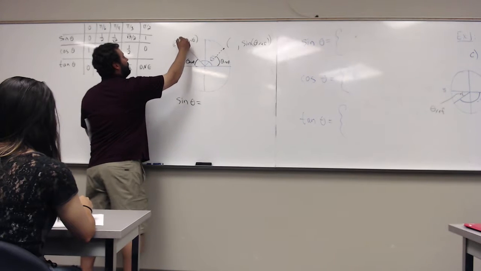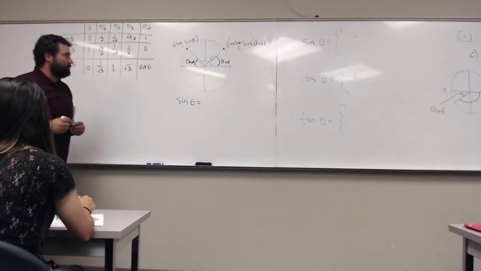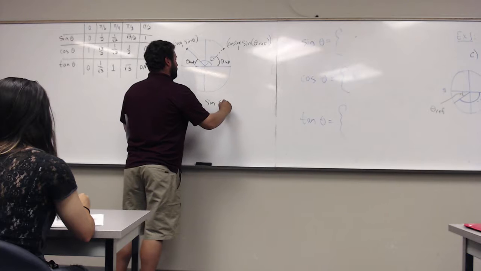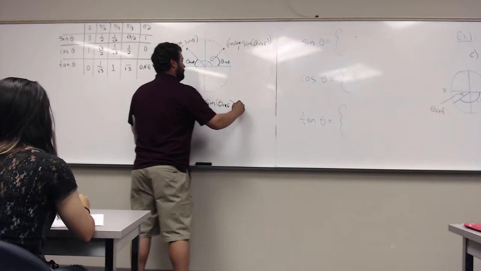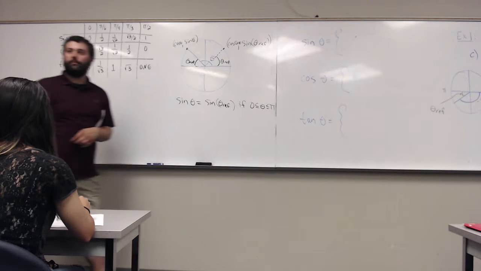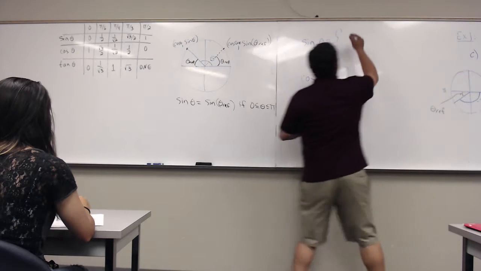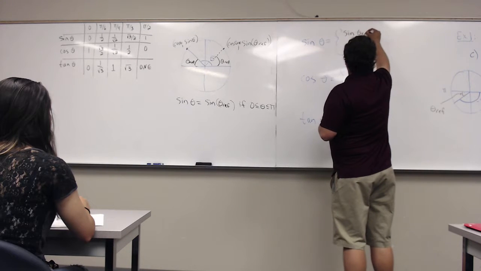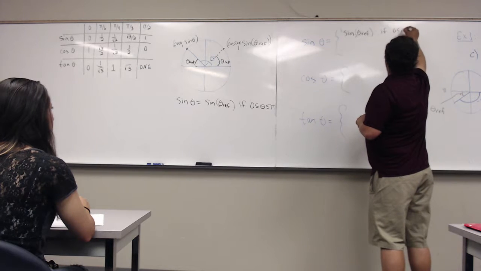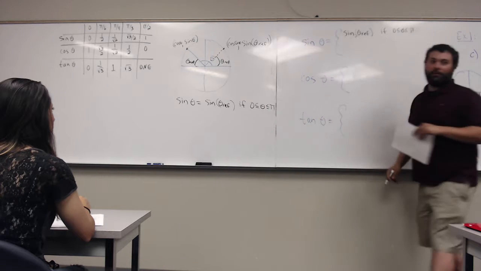I guess it's cosine theta and cosine theta ref. Okay. So in this case, sine of theta equals sine of the reference angle if the angle is between 0 and π. So this will just be sine theta ref if you're in the first or second quadrant.